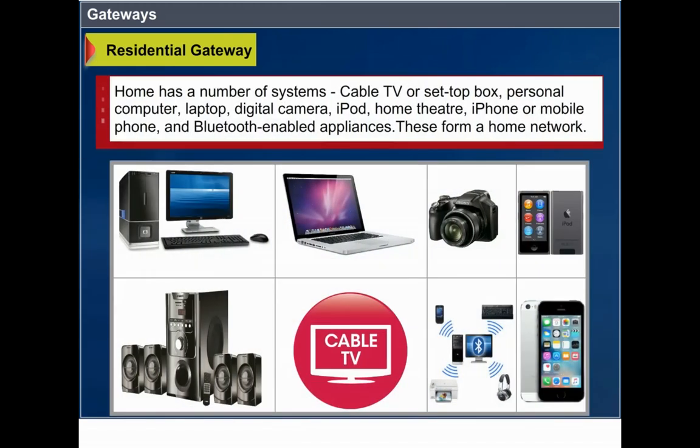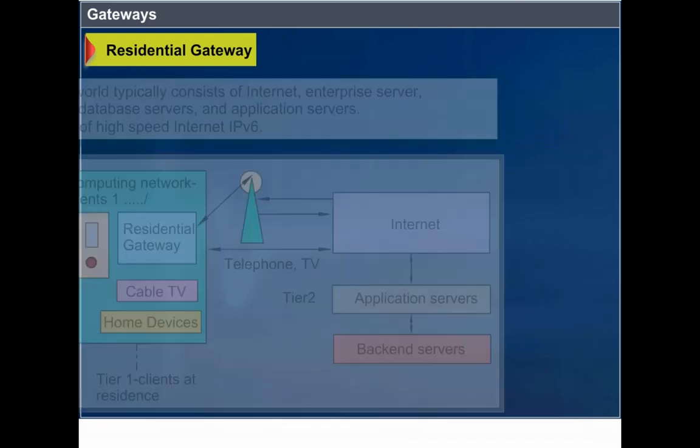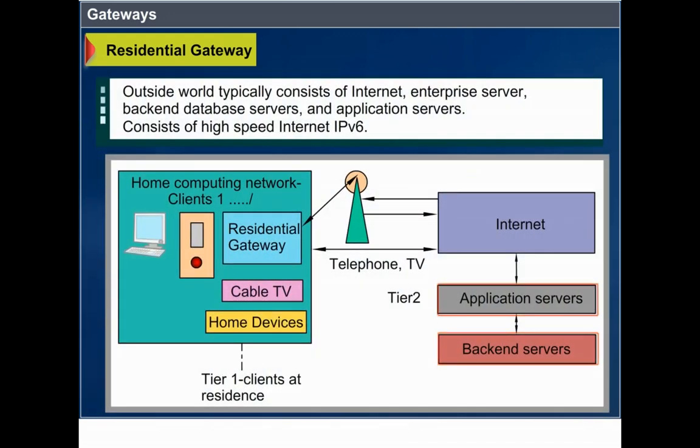Home has a number of systems: cable TV or set-top box, personal computer, laptop, digital camera, iPod, home theater, iPhone or mobile phone, and Bluetooth-enabled appliances. These form a home network. The outside world typically consists of internet, enterprise server, backend database servers, and application servers. Consists of high-speed internet IPv6. Figure shows residential gateway architecture.